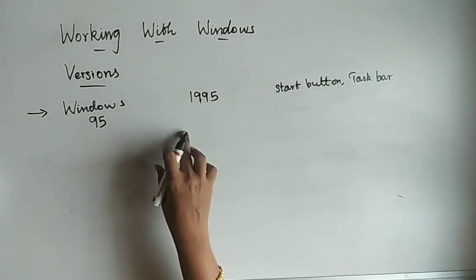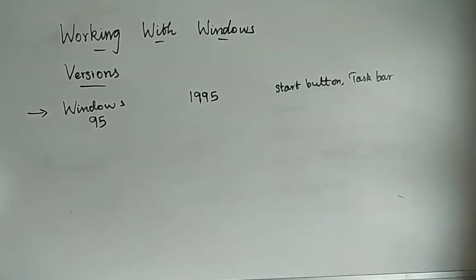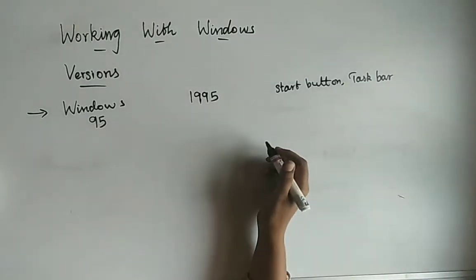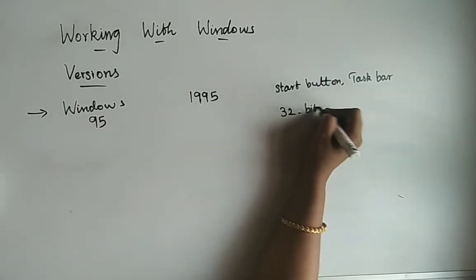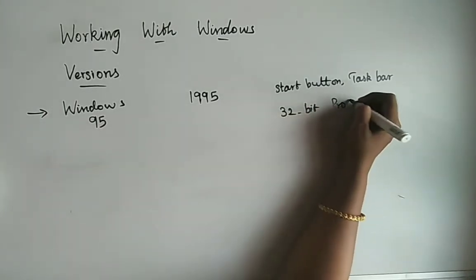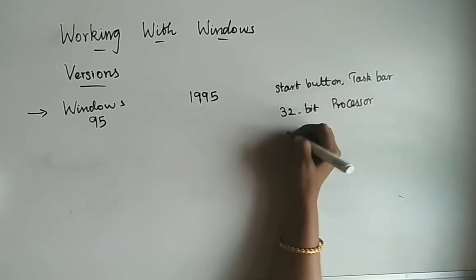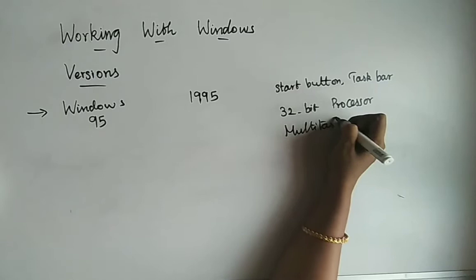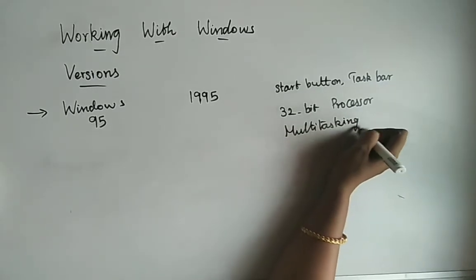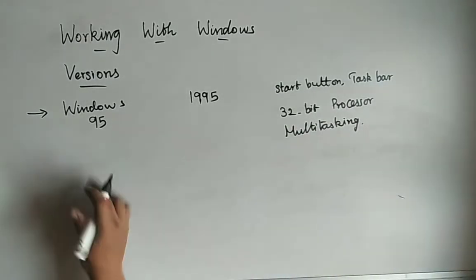Everything was introduced in Windows 95. Similarly, it had a 32-bit processor, and more concentration was given to multitasking. That is Windows 95.